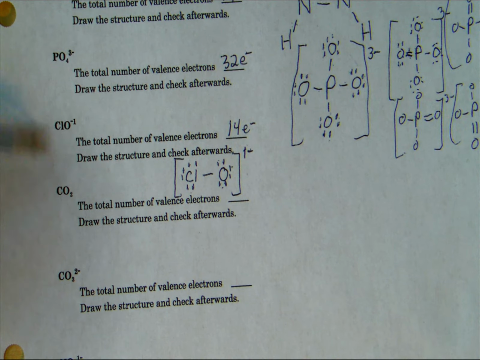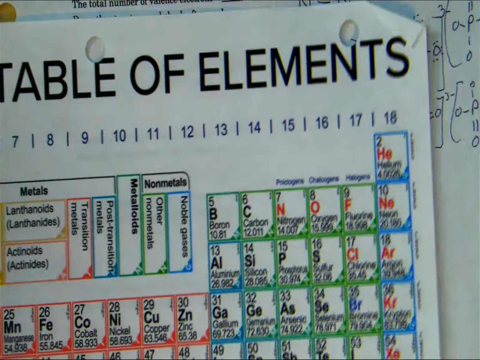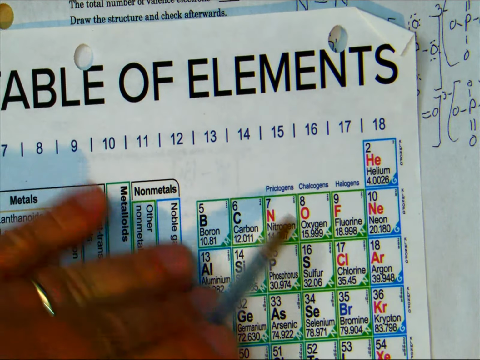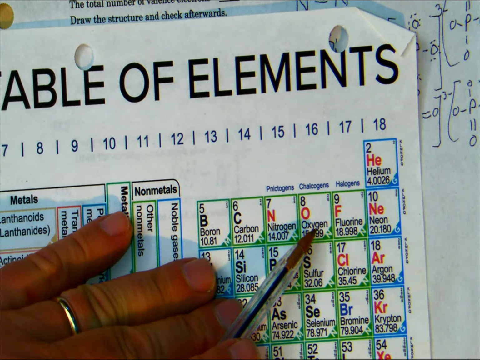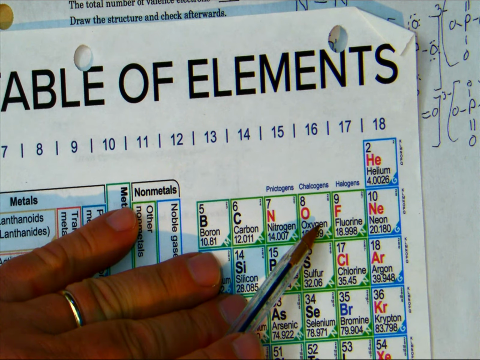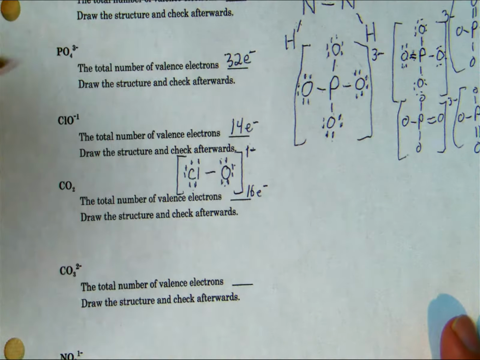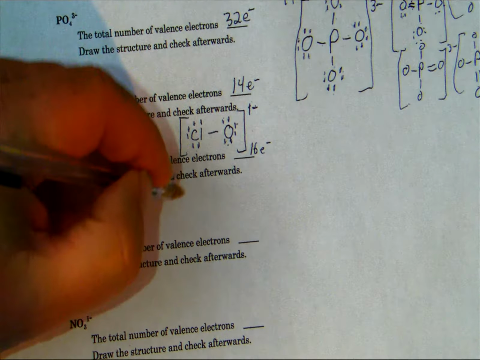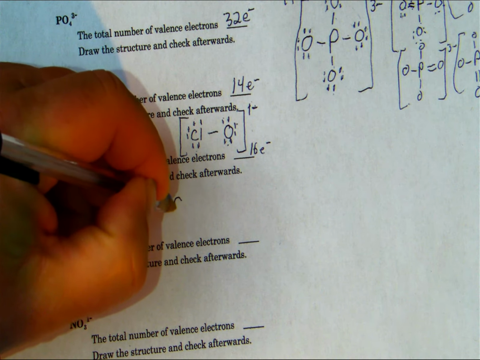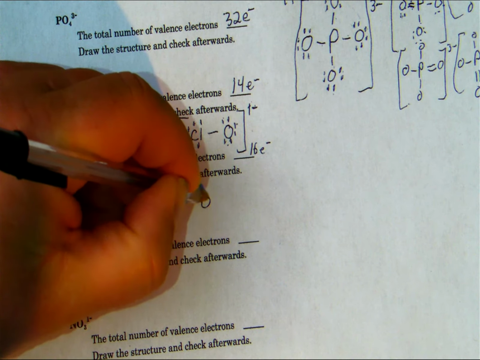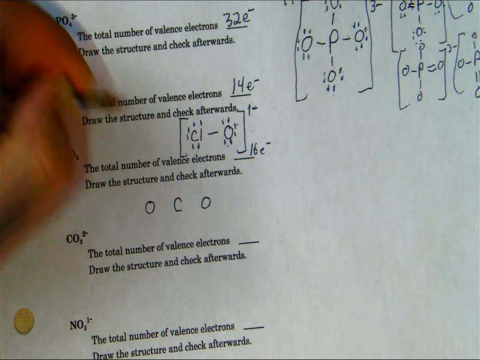Carbon dioxide. Carbon has 4 valence electrons. Oxygen has 6 valence electrons. 6 times 2 is 12. 12 plus 4 is 16. So we have a total of 16 electrons to accommodate for our carbon dioxide. Put the carbon in the center and oxygen on either side of it.